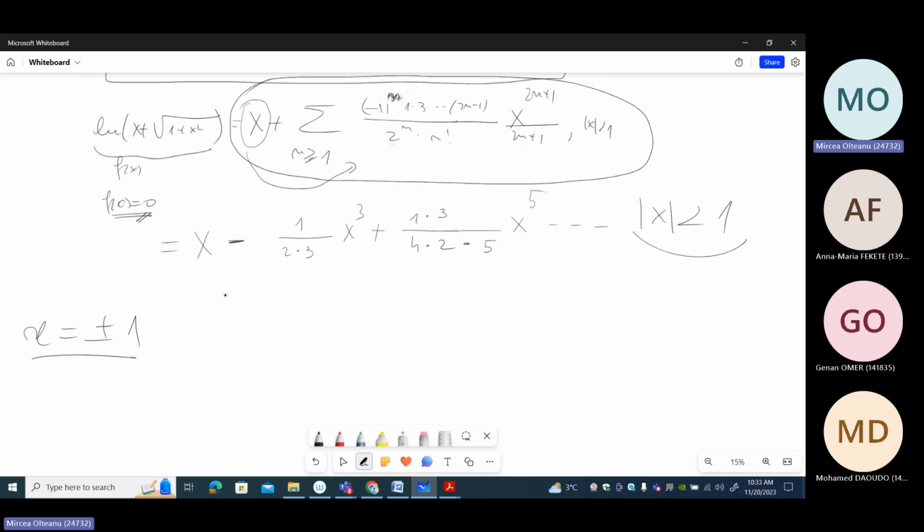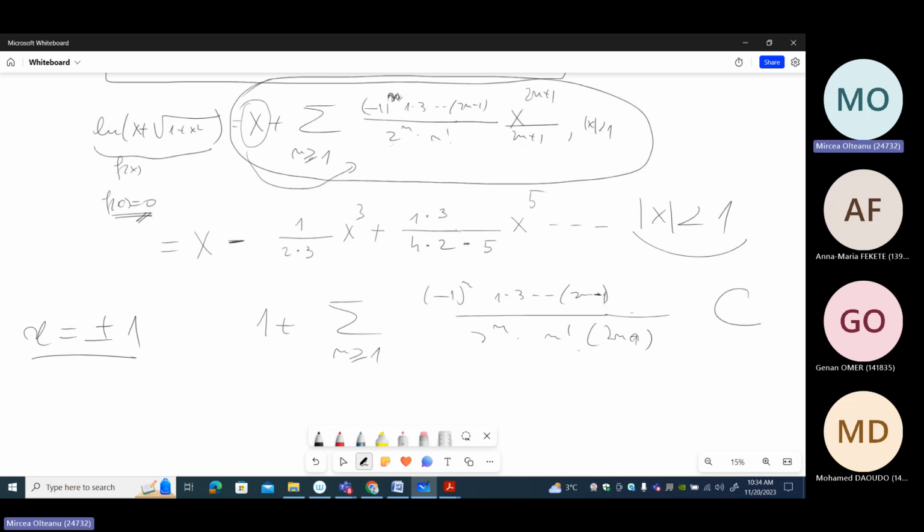For example, for x equals 1, we get 1 plus and so on.